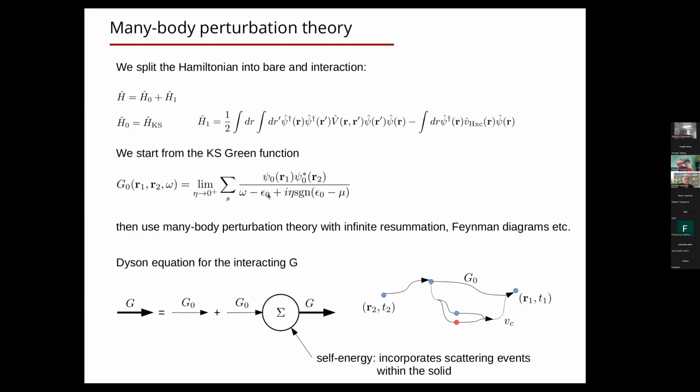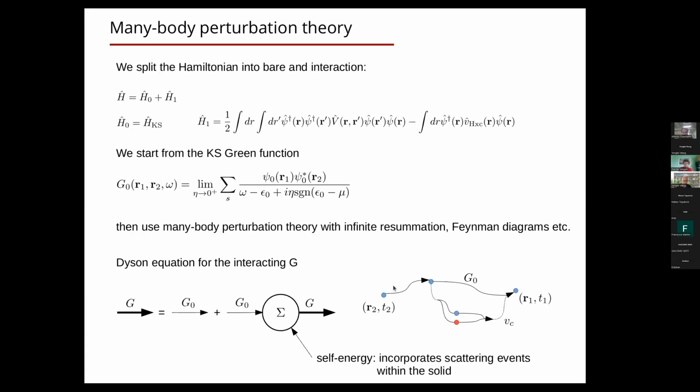And then we can use the infinite resummation, Feynman diagrams, and all the machinery of many-body perturbation theory to obtain a Dyson equation for the interacting Green function in terms of the non-interacting one and the self-energy.